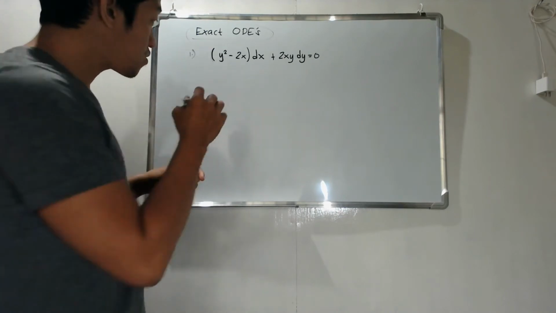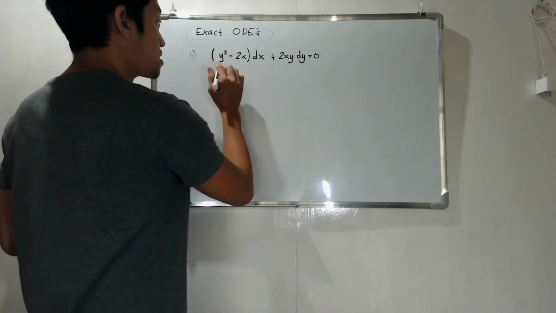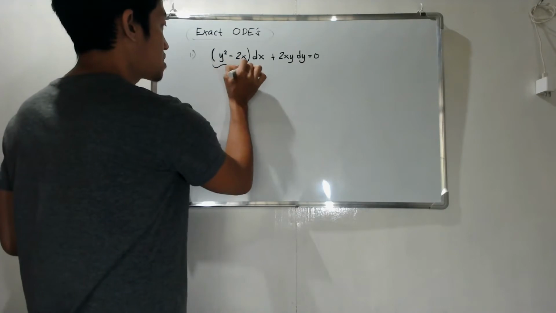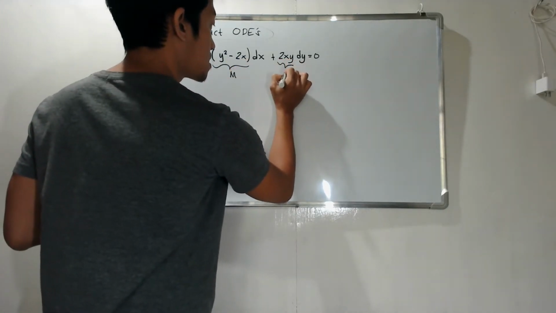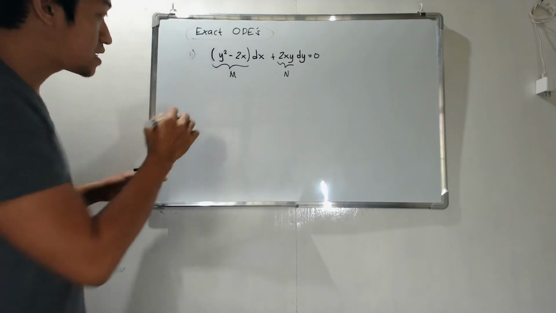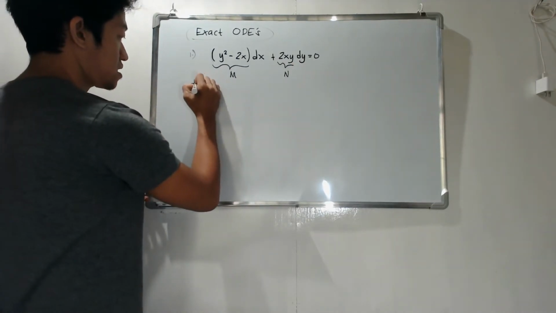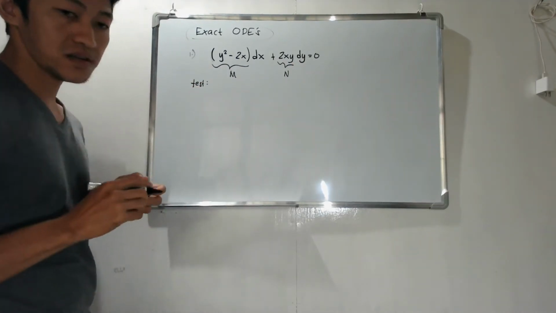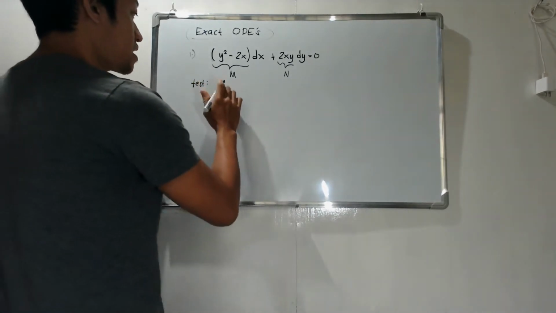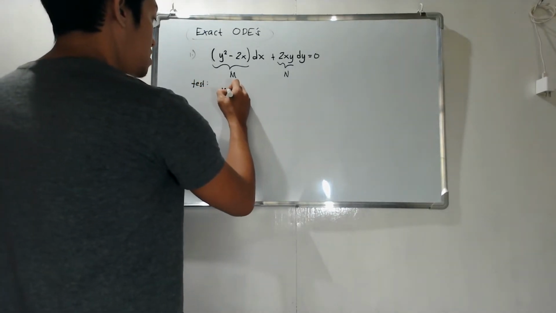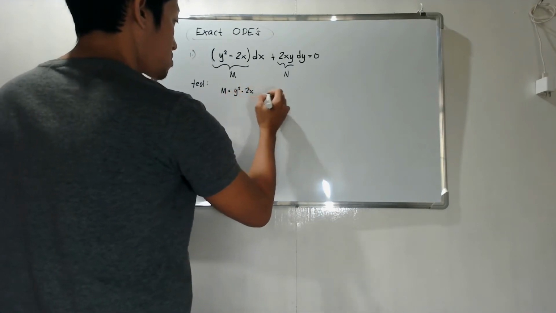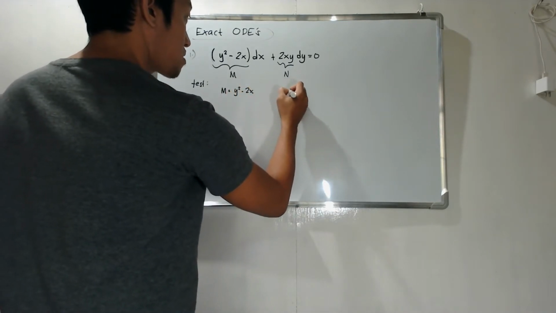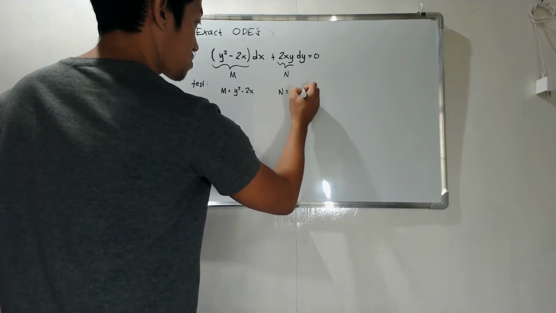Okay? First thing you will do is determine what is your m. So this is your m, this is your n. And then next is test for exactness. Okay? So m is equal to y squared minus 2x and n is equal to 2xy.